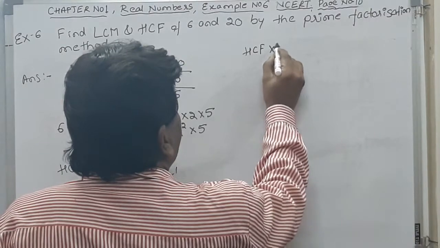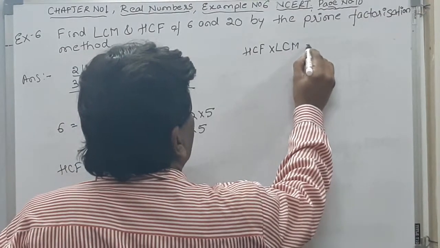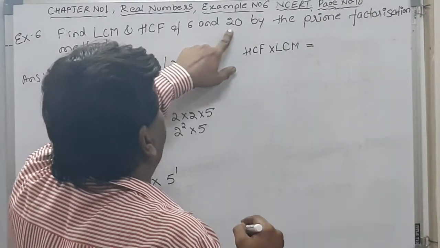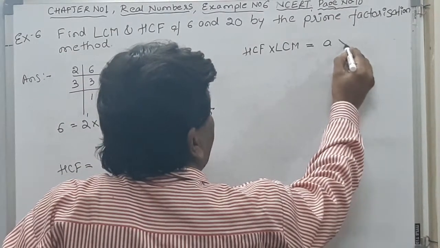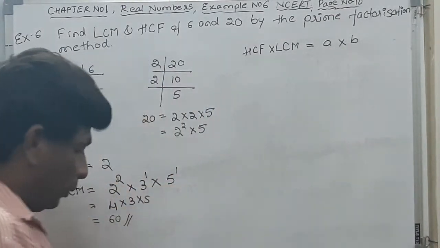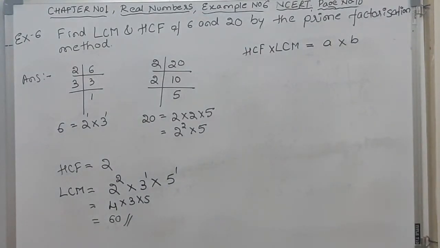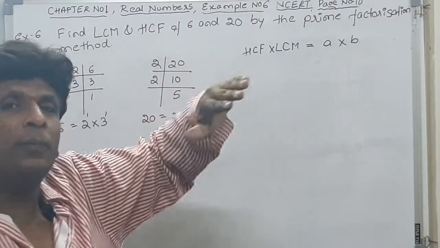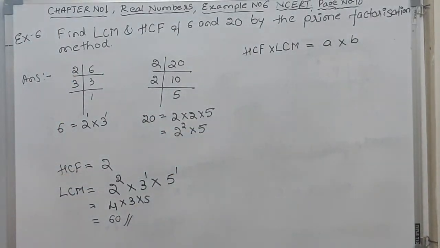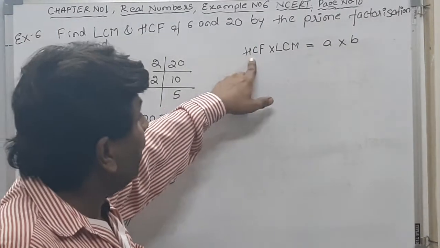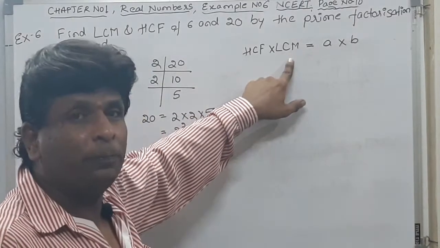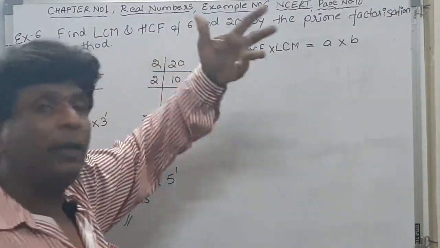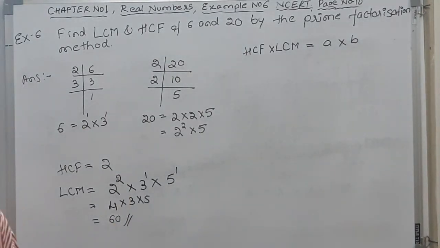HCF into LCM is equal to A into B. That is, the product of LCM and HCF equals the product of the two given numbers. This is the formula, friends.